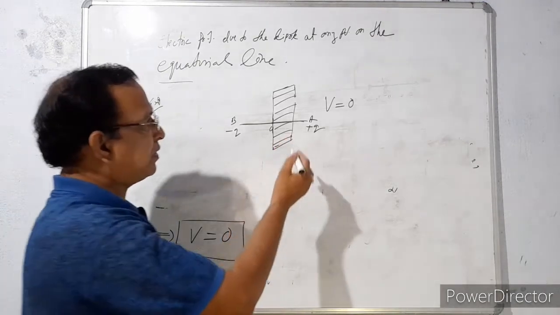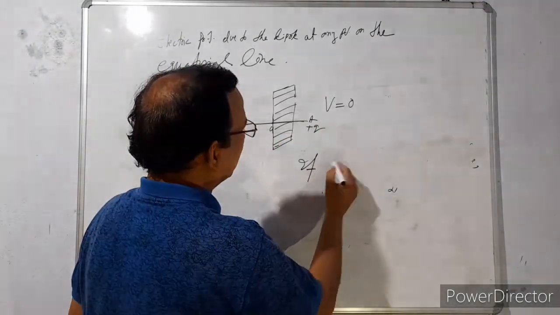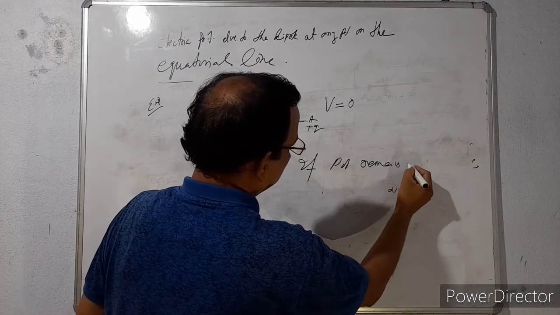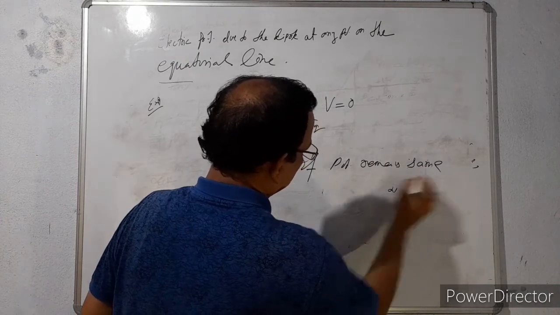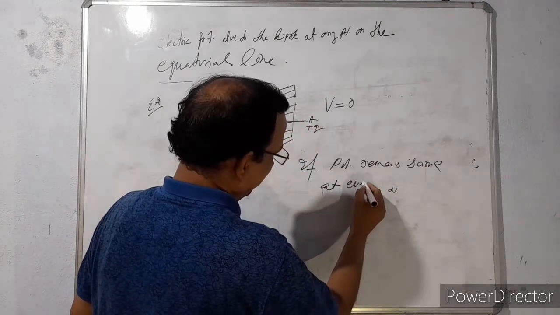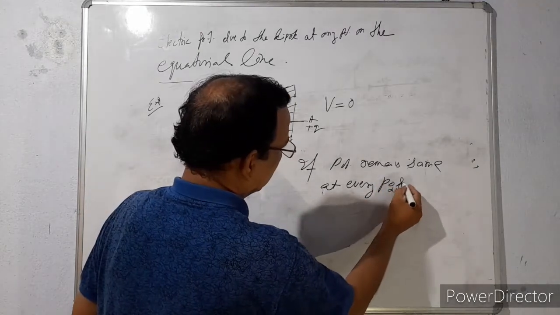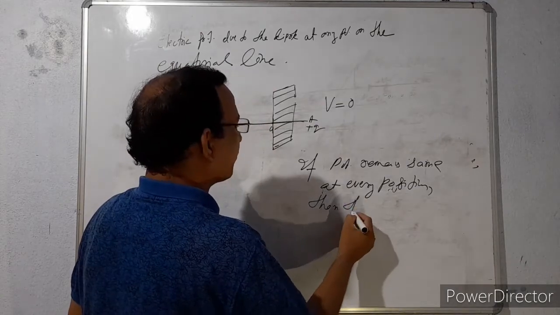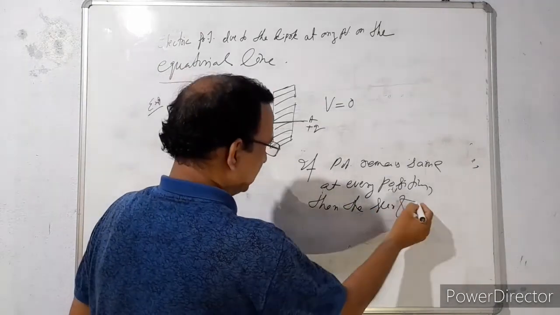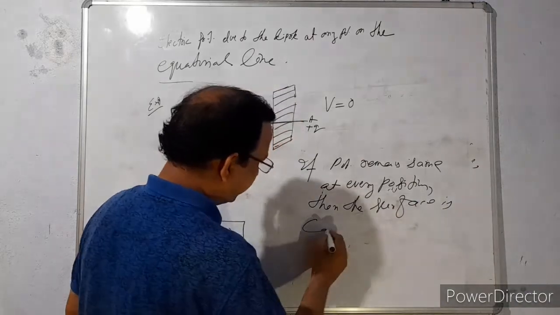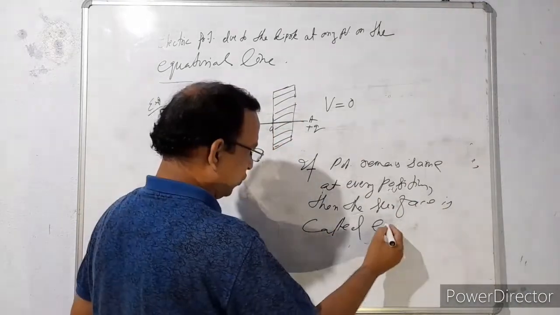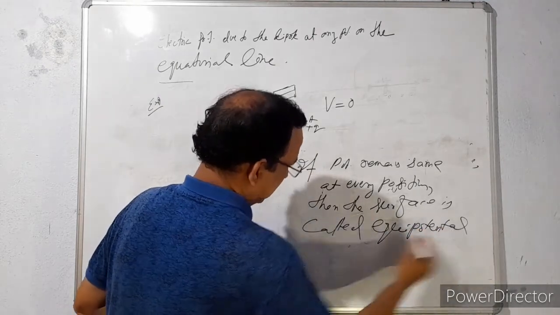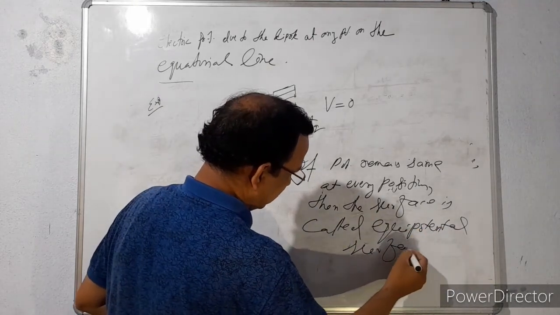If the potential remains the same at every position, then the surface is called an equipotential surface.